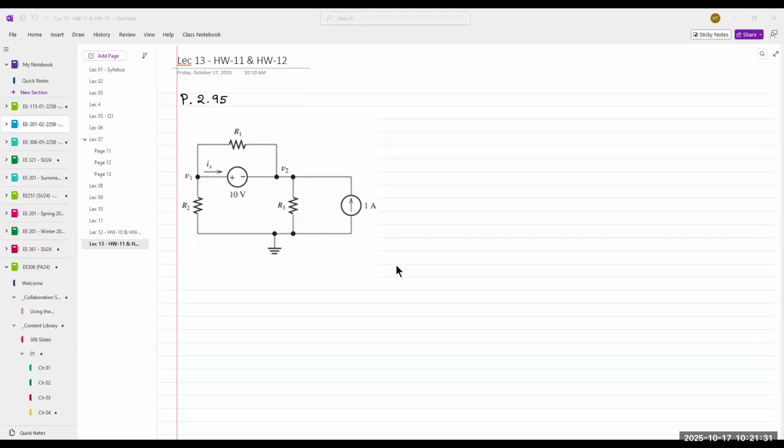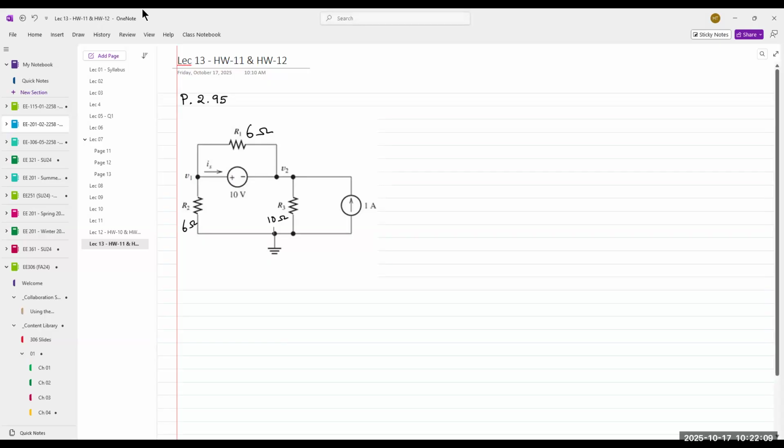R1 is 6 and R3 is 10. All right, let's write it down. This was 6 ohms, and this was 6, and R3 was 10 ohms, right? 6, 6, and 10, and we're asked to find IS.